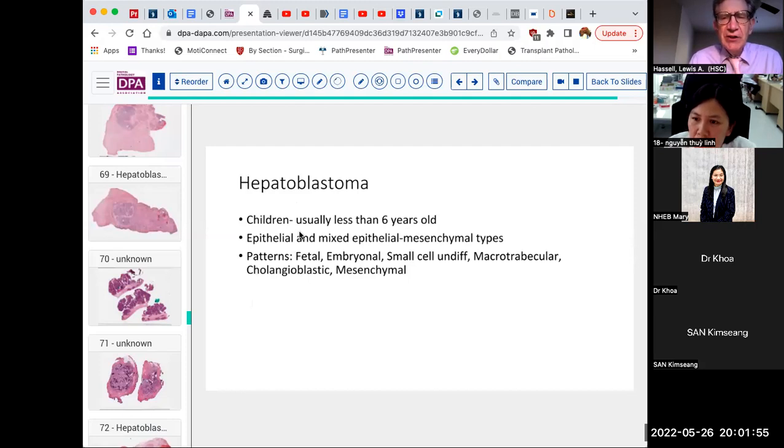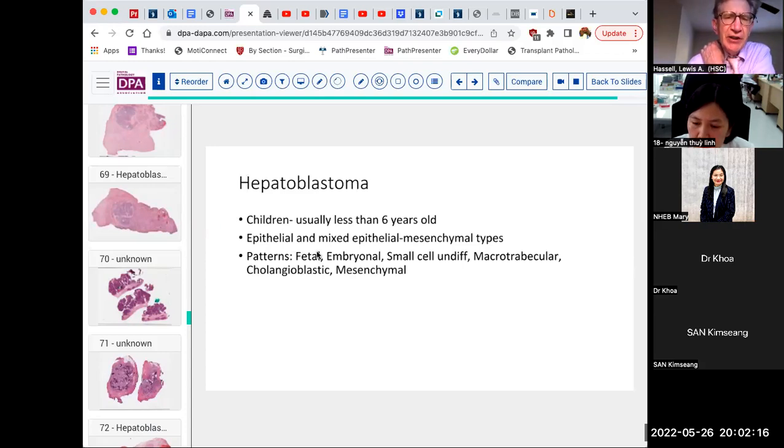So if you see a liver tumor and you guess hepatoblastoma and the patient's under 5 or 6 years old, you're going to be right about 80 or 90% of the time. But like blastomas in other sites, these can have a mixture of components.